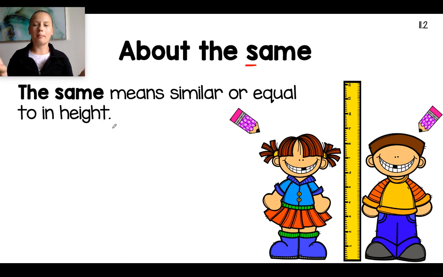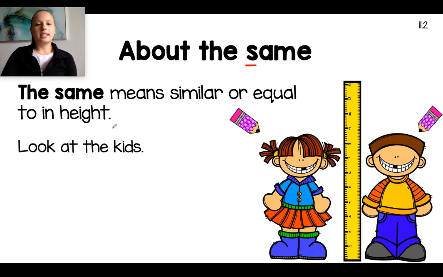That sounds like a lot, but I think you know what same means. Look at the kids. I see a girl and I see a boy. Let's see how tall the girl is. Okay, see how tall the boy is. Oh, look, they're like about the same, huh?